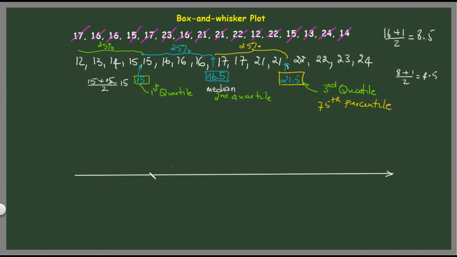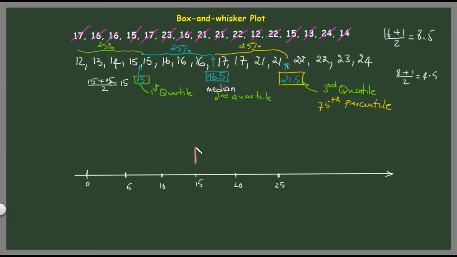So let's say we have 0 here, 5, 10, 15, 20, and 25 right here. All right, so our first quartile is 15, right? It means right here it is 15, so we can draw it like this. We have 15 right here.